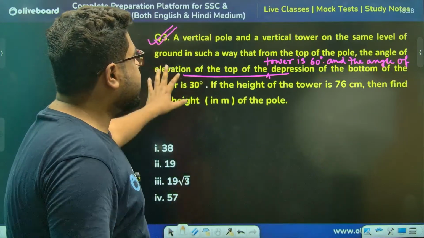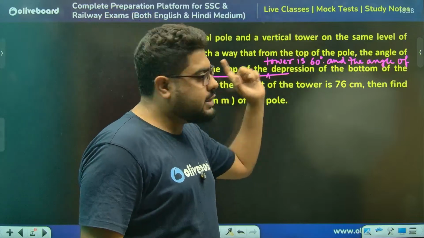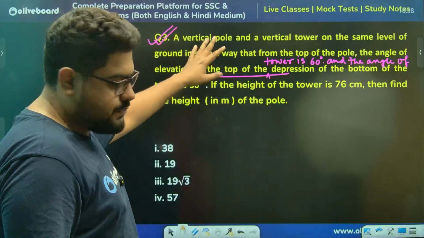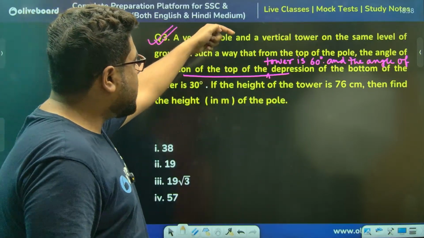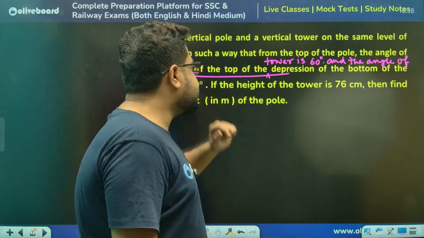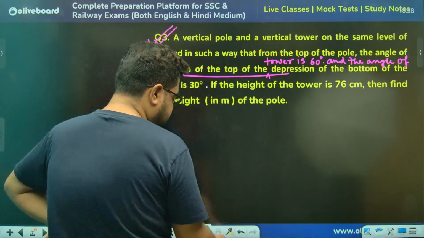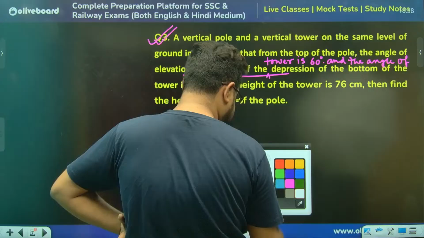Sir, a vertical pole and a vertical tower are on the same level of ground. Such a way that from the top of the pole, the angle of elevation of the top of the tower is given. Let's see.